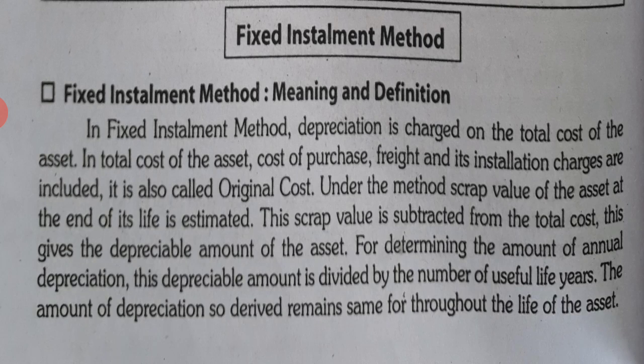In the earlier video I taught you that depreciation is charged on fixed assets, and it is charged on the book value, and book value includes the cost of purchase, transportation, any freight or installation charges.